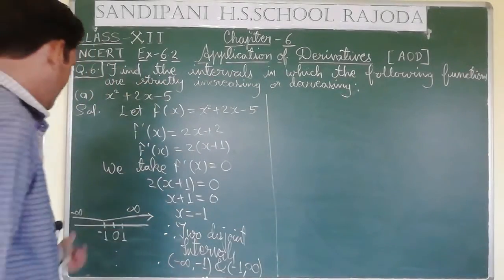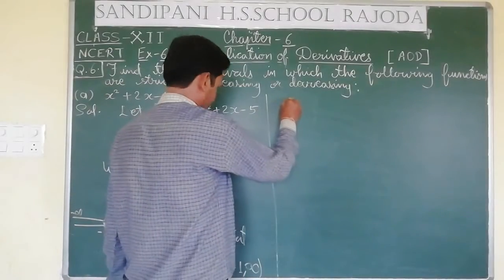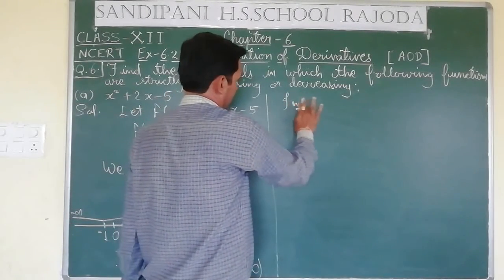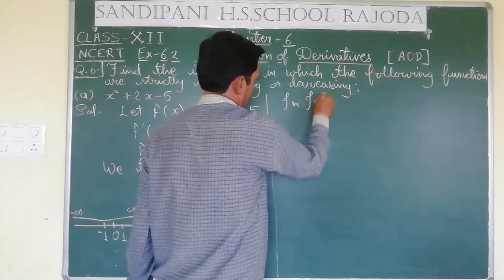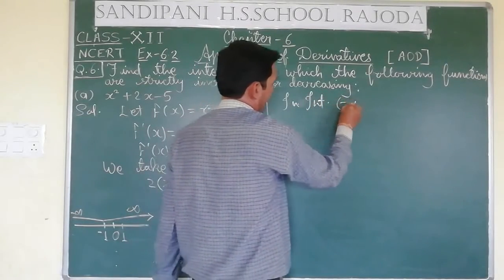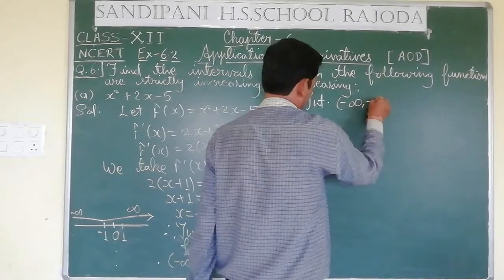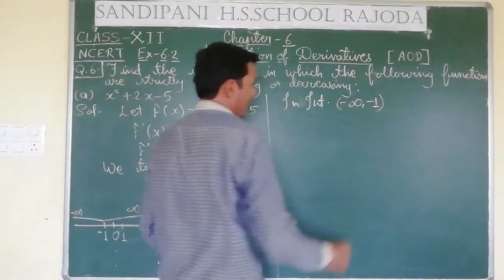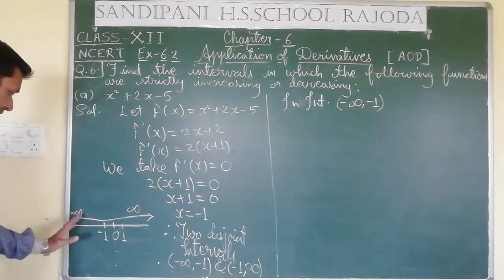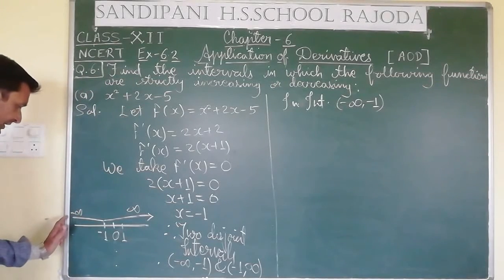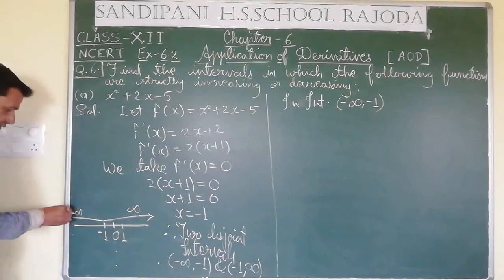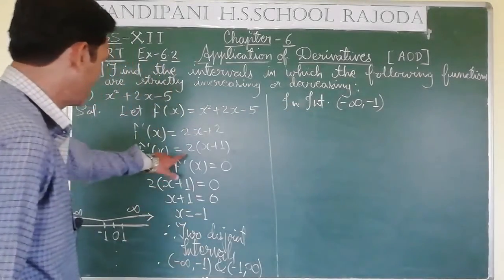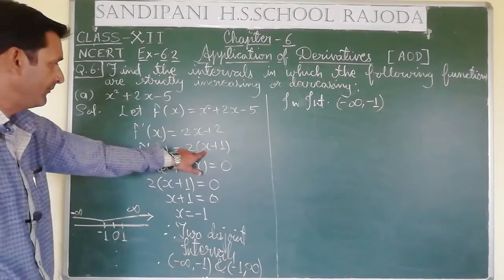In the interval minus infinity to minus 1, let us take minus 2, because minus 2 is less than minus 1 and greater than minus infinity. So I have taken minus 2 here.